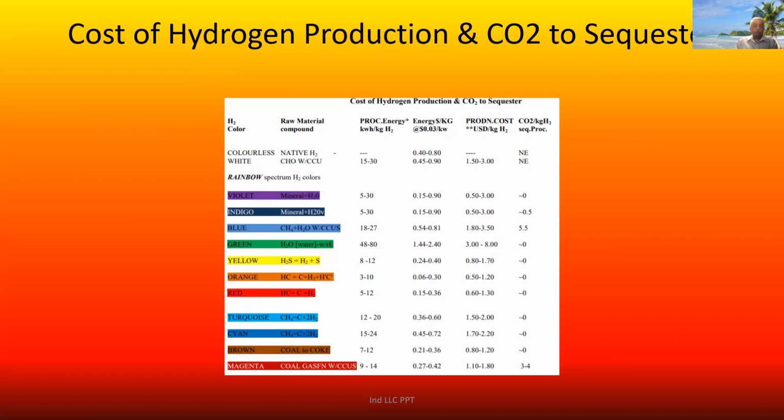The orange hydrogen is a process where another hydrocarbon of use is produced along with utilizable carbon and hydrogen, whereas red hydrogen is produced by total conversion of the hydrocarbon to carbon and hydrogen.